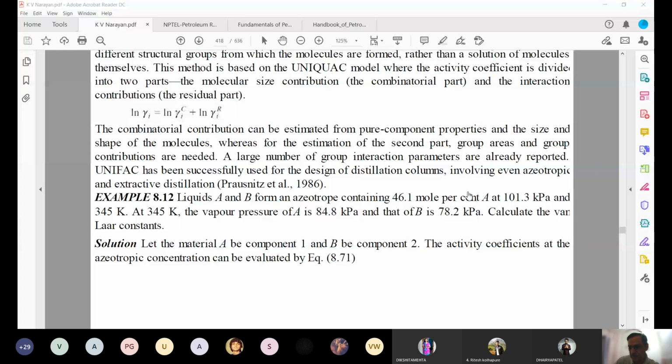Are you going to write notes for the Van Laar equation? How many people are taking notes? I want to see hands. Only 4. Don't the rest of the people take notes?